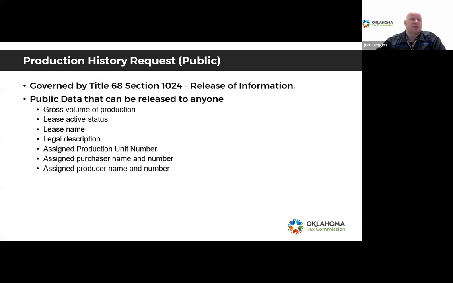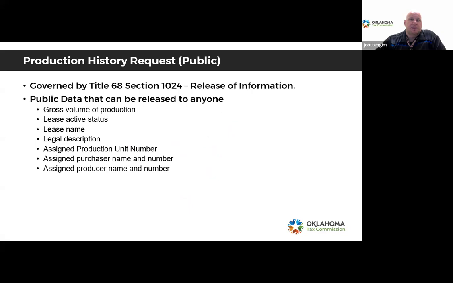The public data that can be released to anybody, and that means any individual in the state of Oklahoma, the United States, another country, universities, anyone, we can release to them the gross volume of production, the lease's status, the lease's name, the legal description, the assigned production unit number, who the purchaser was, and who the producer was for that volume at that time.